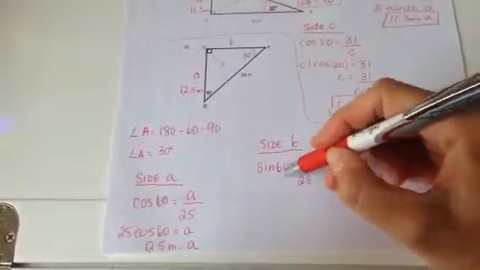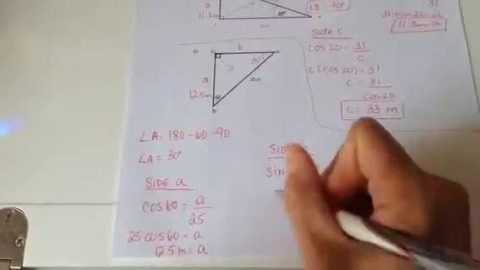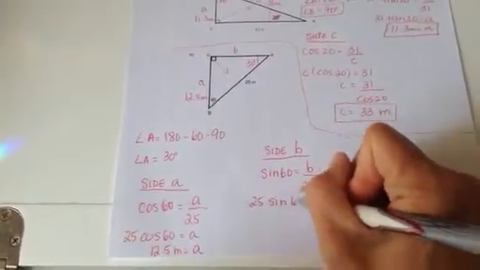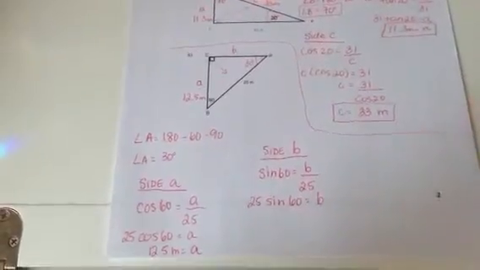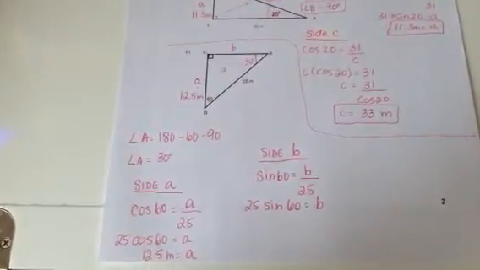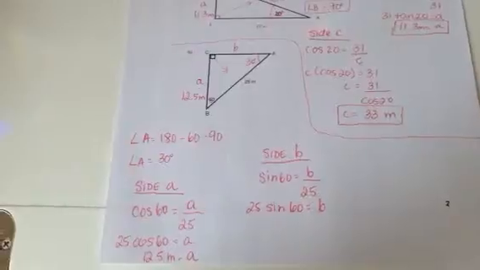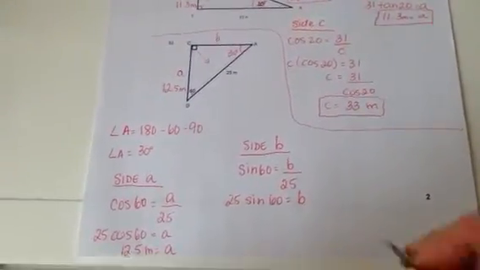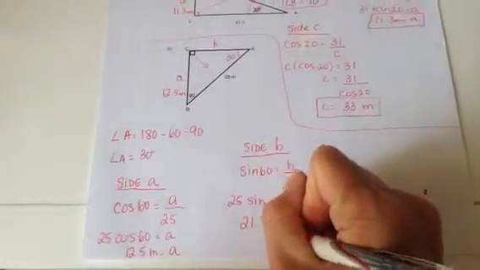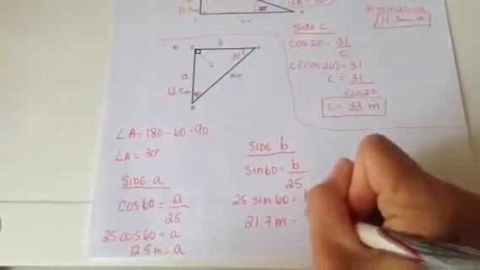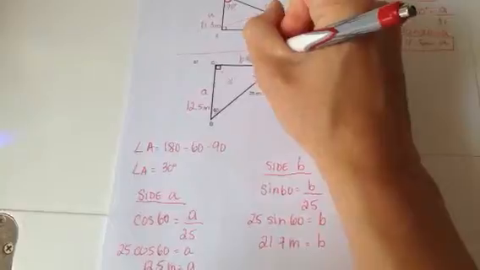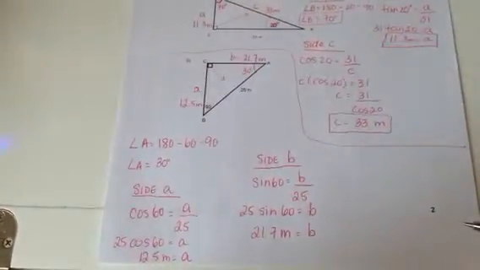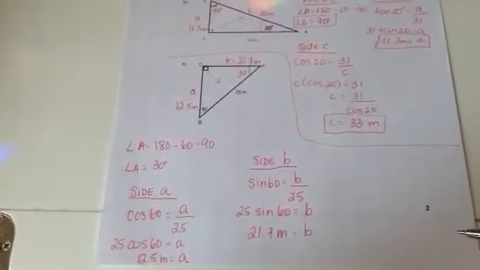I'm going to multiply my 25 over to the other side, so 25 times sine 60 is equal to B. Plugging it into the calculator, 25 times sine 60 is equal to 21.7 when you round. So that is equal to 21.7 meters. So we have found all the unknown sides and all the unknown angles.